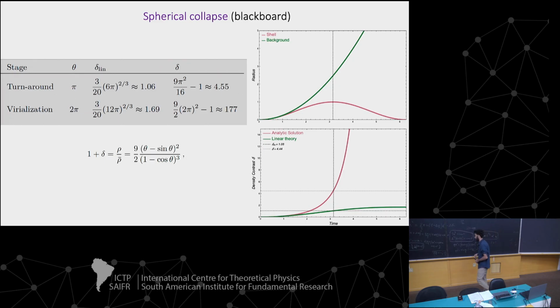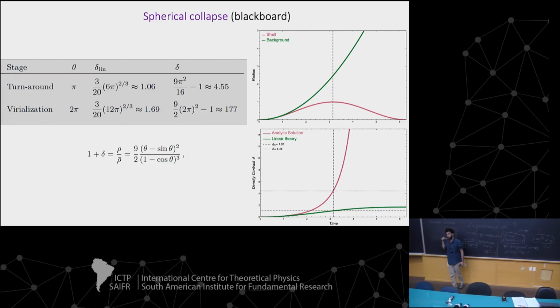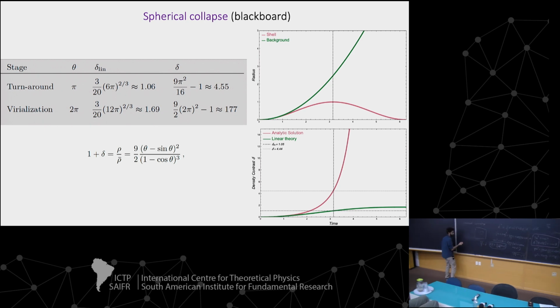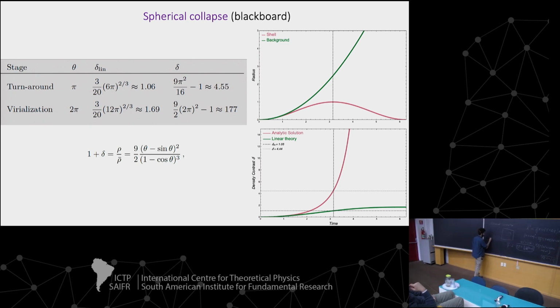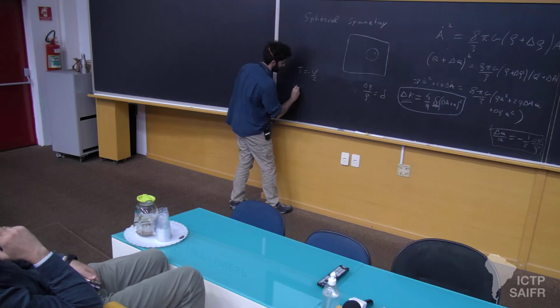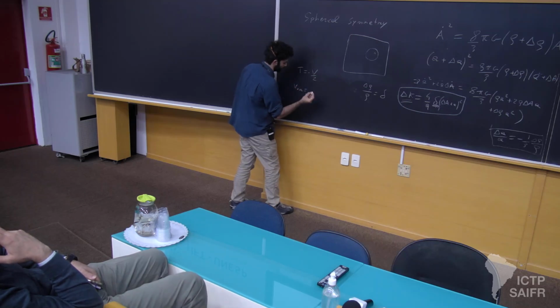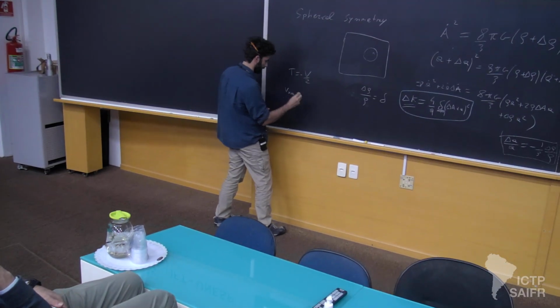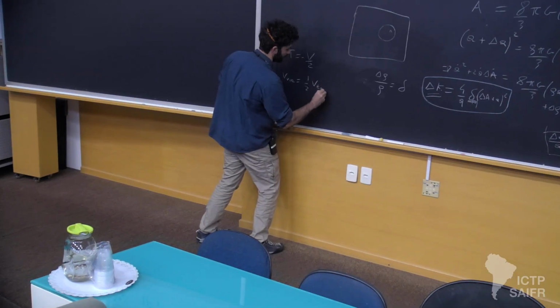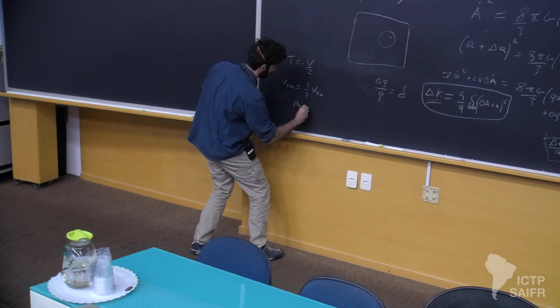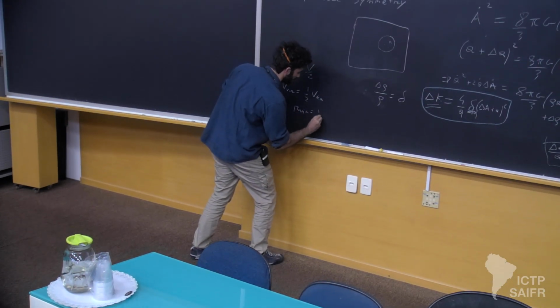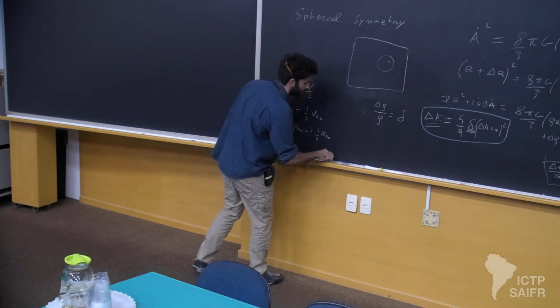Then a Newtonian argument that Weinberg indeed does not share and does not put in his book tells you that the virialization, of course, happens when the total energy is equal to half the potential energy, since the potential is negative. And so you get the virial velocity is equal to 1/2 of the turnaround value, which means that the radius of virialization is 1/2 of the radius of turnaround.